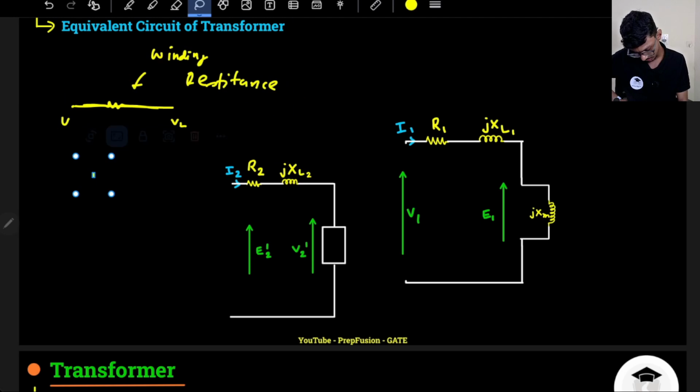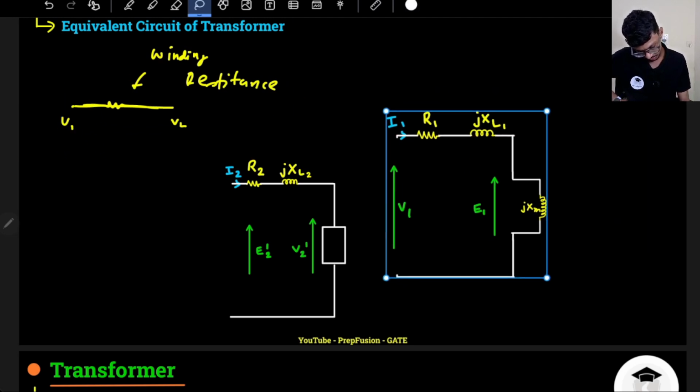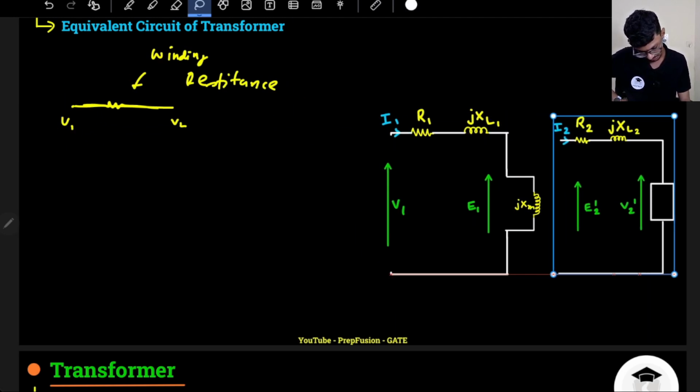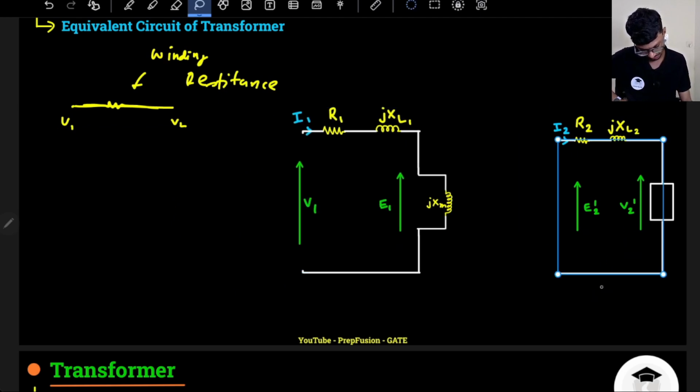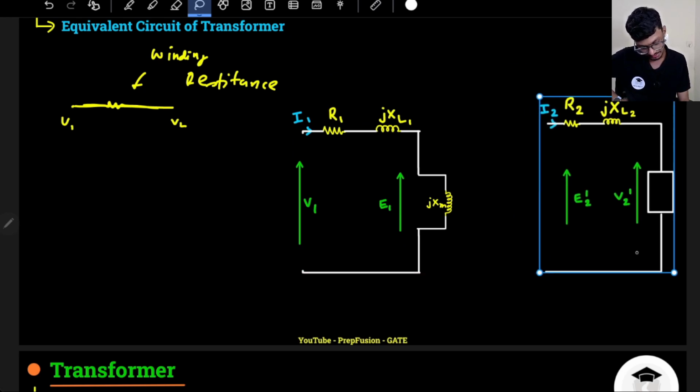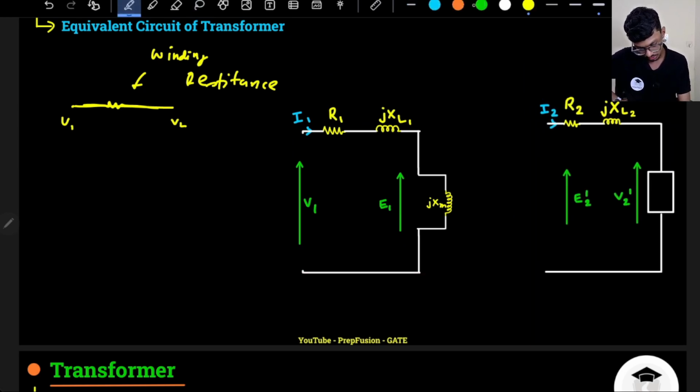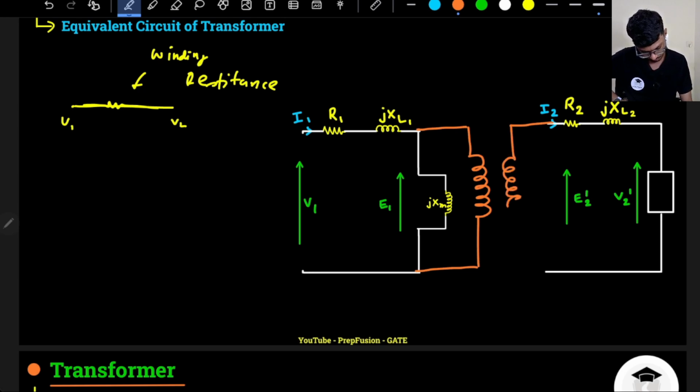This we have already discussed. This is my input side, this is my secondary side, basically high voltage, low voltage, whatever you want to say, and in between I have the ideal transformer. So the ideal transformer is still there. These are the non-idealities that I had separated out. So this portion is the ideal transformer.